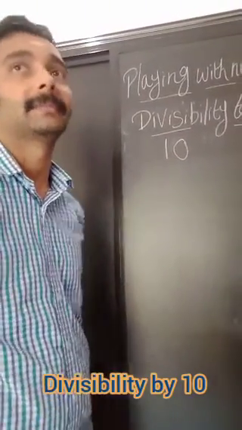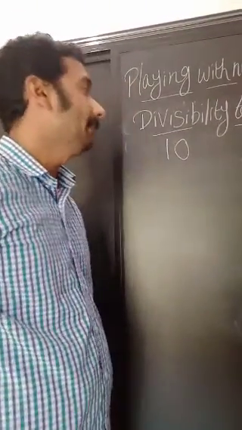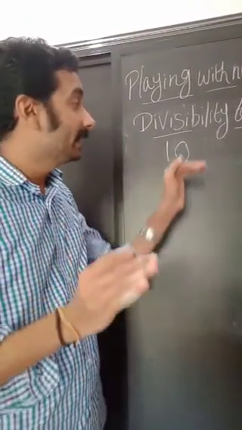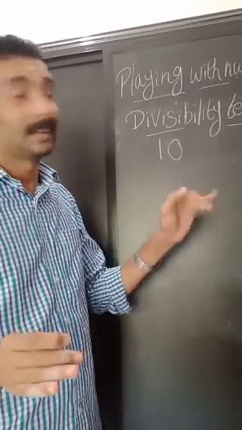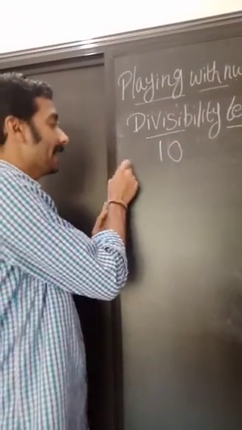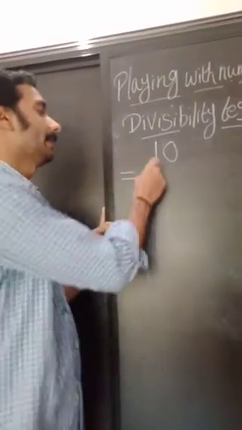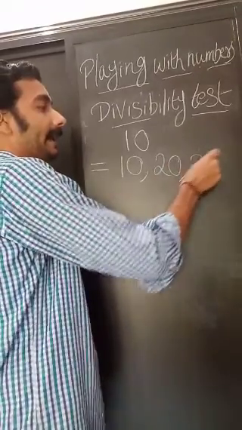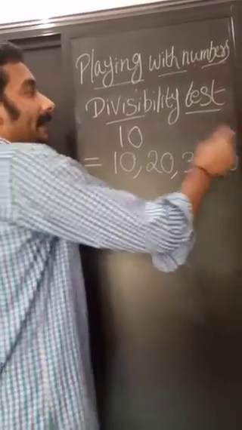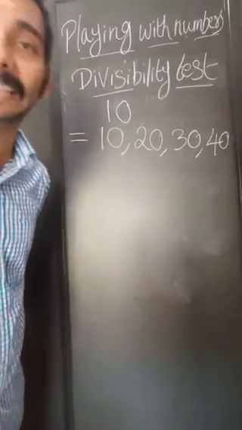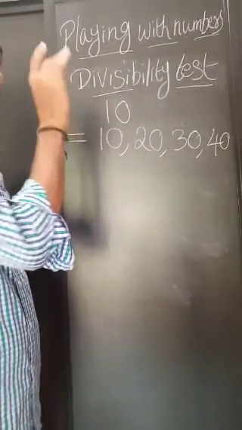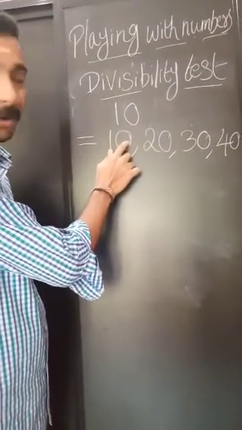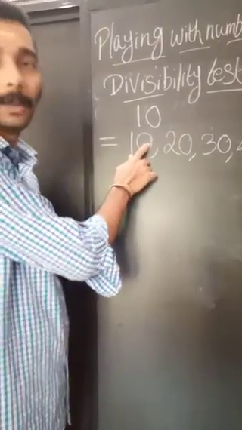Divisibility by 10 means the number ends with 0. The unit digit, or ones place, is 0.